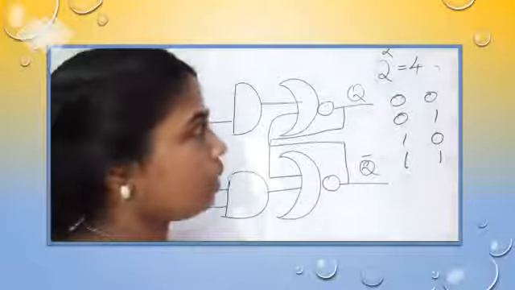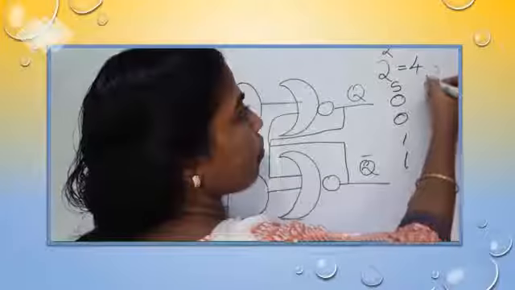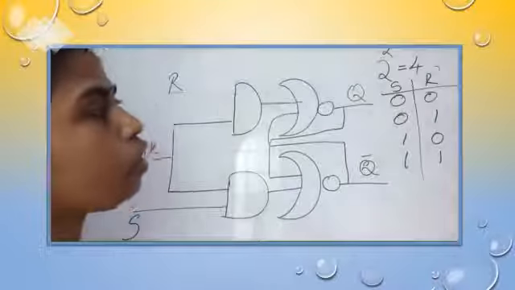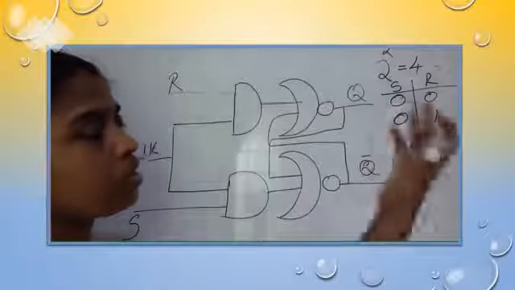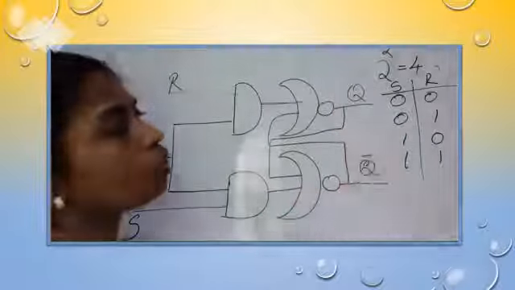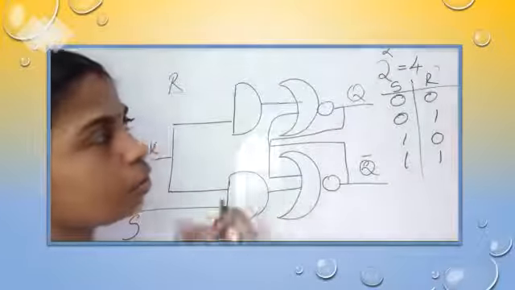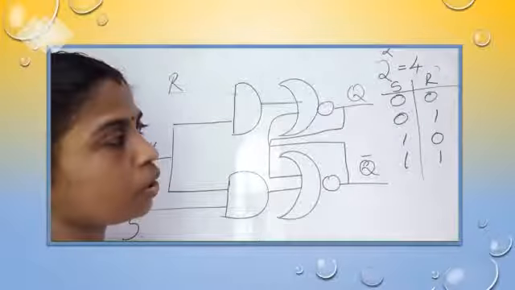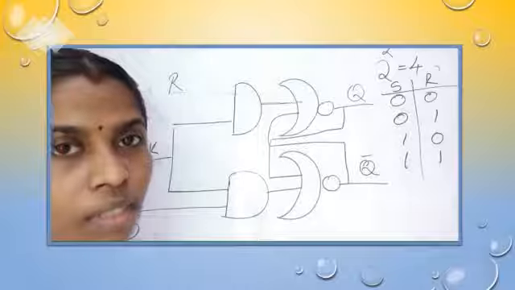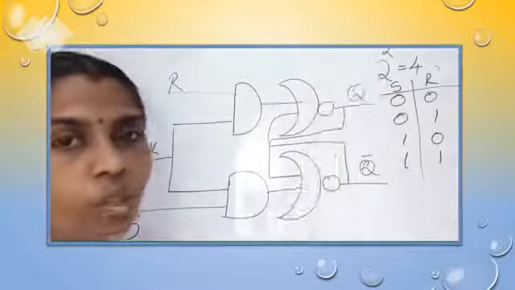That means either S equal to 0 and R equal to 0, or S equal to 0 and R equal to 1, or S equal to 1 and R equal to 0, and the last one, S equal to 1 and R equal to 1. Clear? These are the input combinations.